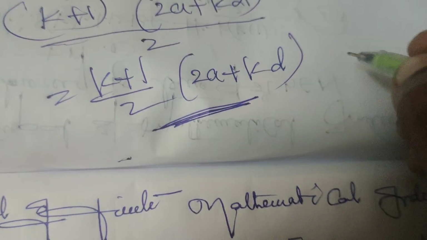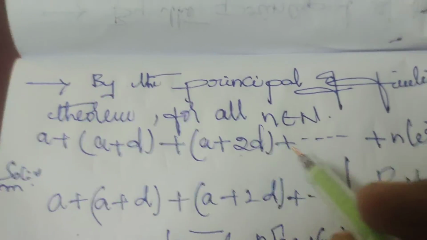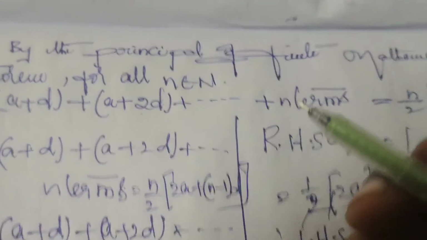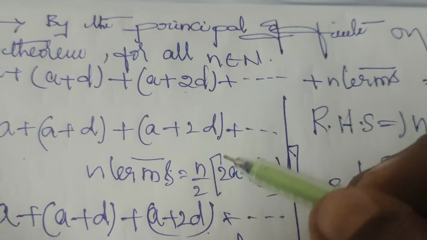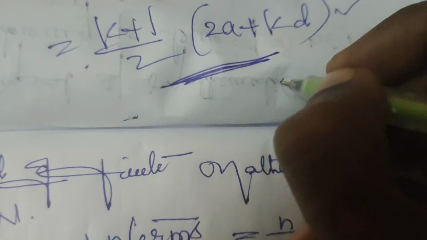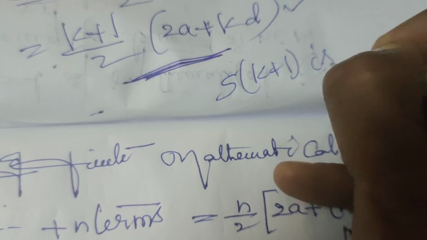We get the answer: the given statement is true for n equals k plus 1. Finally, therefore S of k plus 1 is true.